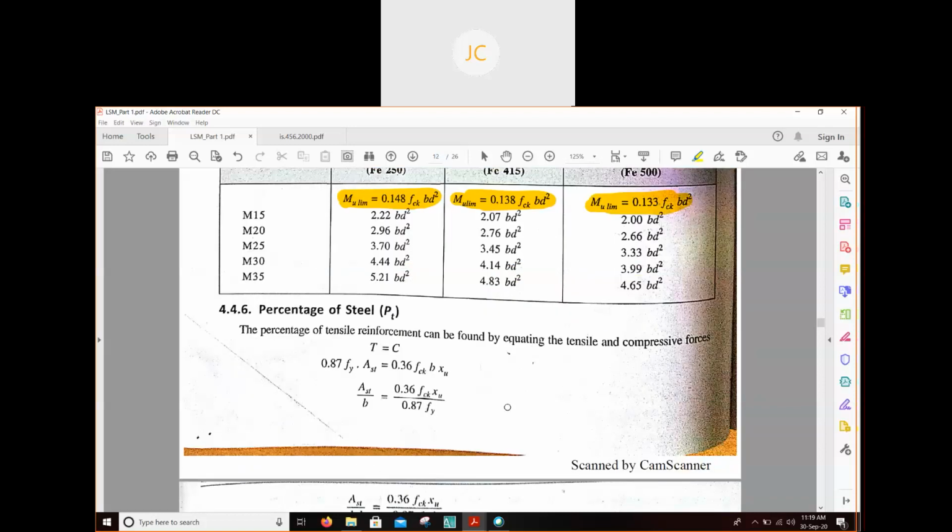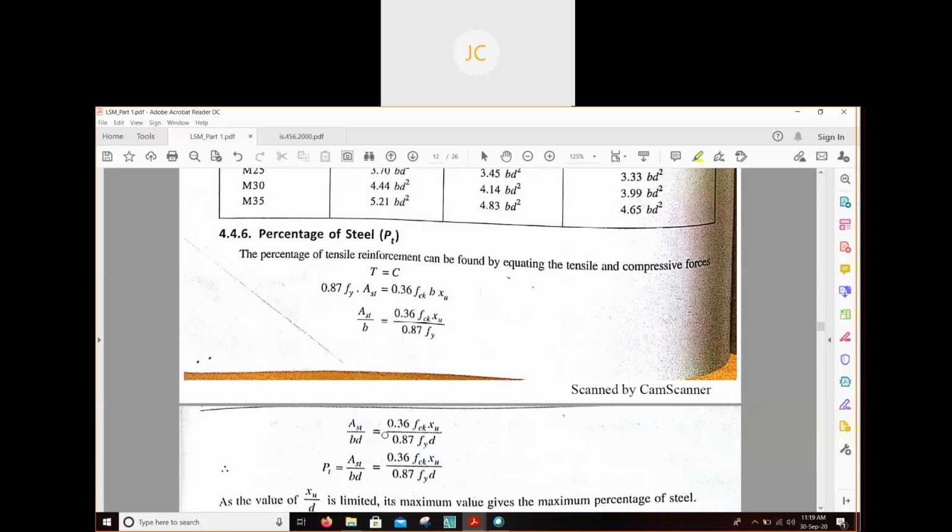Next, percentage of steel. Similarly, percentage of steel also we can find out from IS 456. Same procedure. We have to equate the total tensile force equal to total compressive force. So Ast by bd will give you the total percentage of steel.